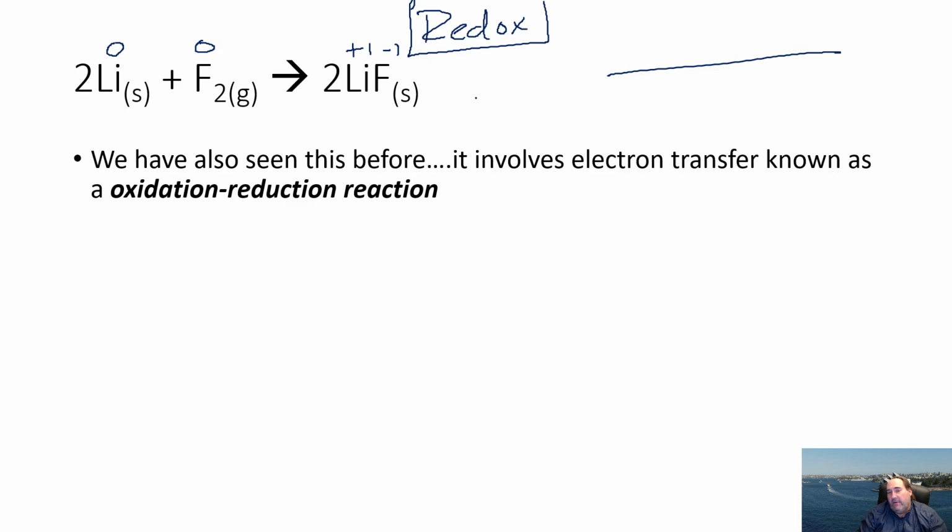So once again, if we follow our little number line, our lithium is starting at 0 and ending at +1, heading in this direction, becoming more positive. So it's going through oxidation. Once again, metals should always be the one going through oxidation when they're involved with a non-metal. And our fluorine, which is 0 going to -1, is a reduction reaction occurring here. And again, our non-metal should always be the one being reduced. So this is definitely a redox reaction taking place.